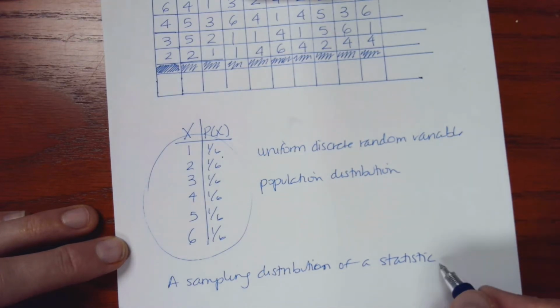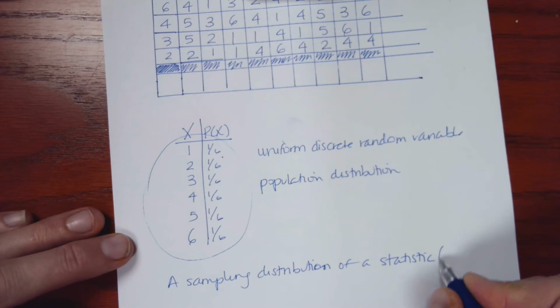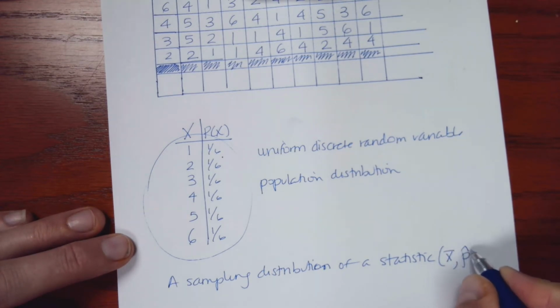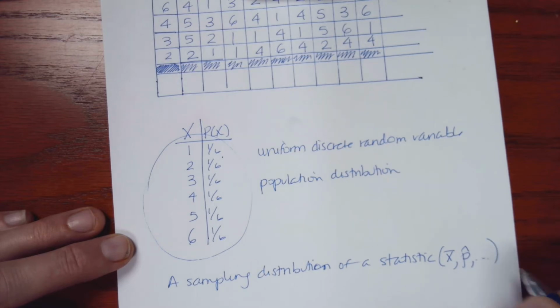Now remember, a statistic is a summary from a sample. Examples would be like the sample mean, a sample proportion, etc. A sampling distribution of a statistic is a probability distribution.